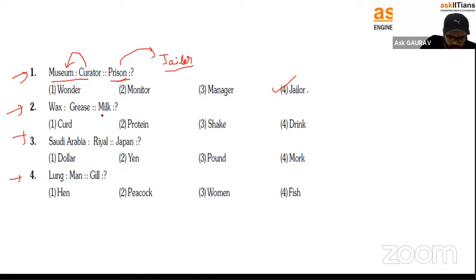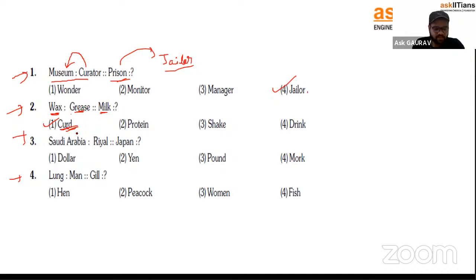Manan Patel is saying, sir, curd. Very good, Manan Patel. Curd is the right answer. Why? See, wax is used to make grease, right? And milk is used to make curd. That's it. Get my point? Wax is used to make grease, then milk is used to make curd.